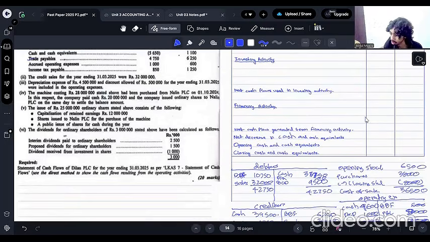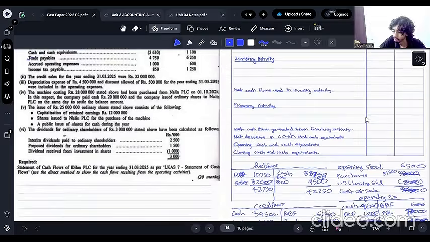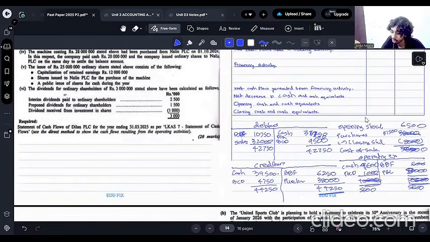Sorry, and here another mistake. The cost of sale is 30,000, not 36,500. Then the purchases amount will be 30,000 plus 8,000 minus 6,500, that is 31,500. Purchases will be 31,500.